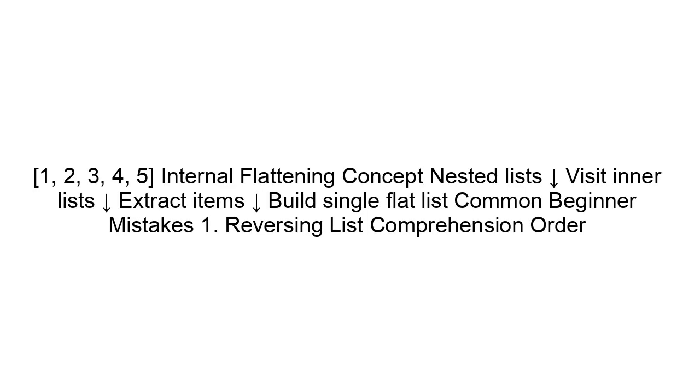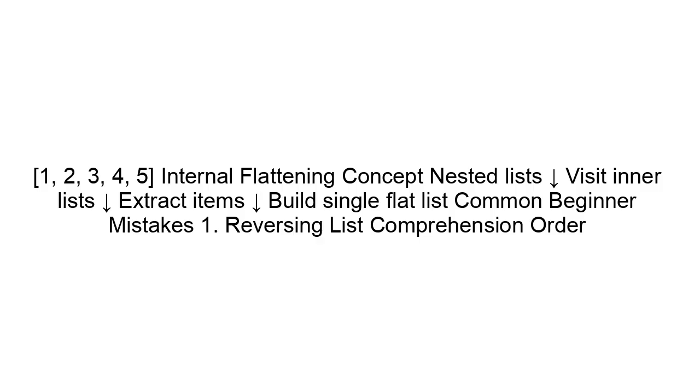Return result. Example: nested = [1, [2, [3, 4]], 5]. Print flatten(nested). Output: [1, 2, 3, 4, 5]. Internal flattening concept. Move down through nested lists, visit inner lists, extract items, build a single flat list.